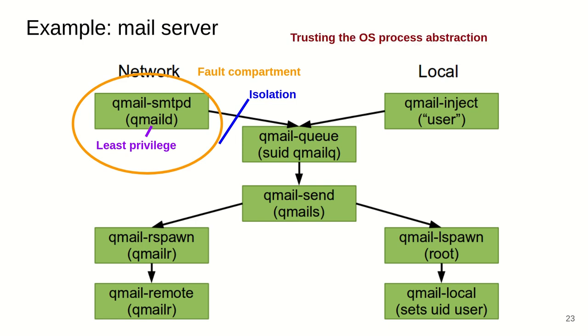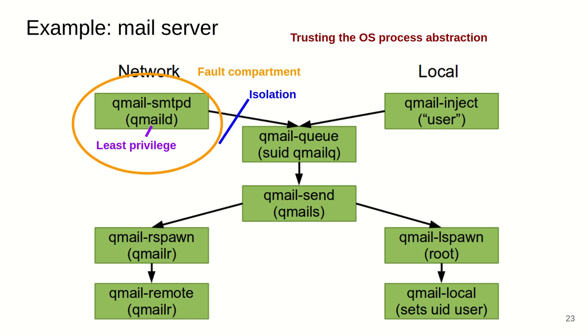Overall, this example trusts the operating system and leverages the process abstraction to break a large, complex, monolithic component into a set of individual tasks that are isolated from each other, that are running with least privileges, and that provide fault compartments if a bug should happen, so that an attacker cannot escalate and directly access the other components.